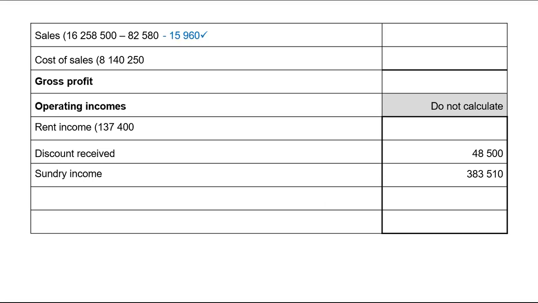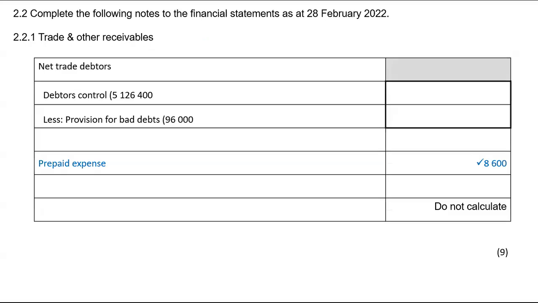But at the same time, we credited debtors control. We need to go to trade and other receivables, and when we get there, we need to subtract that 15,960 from our debtors control.